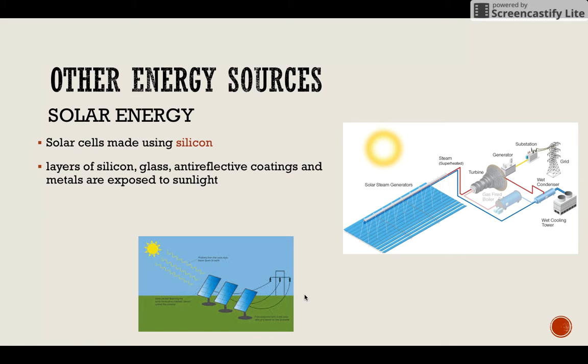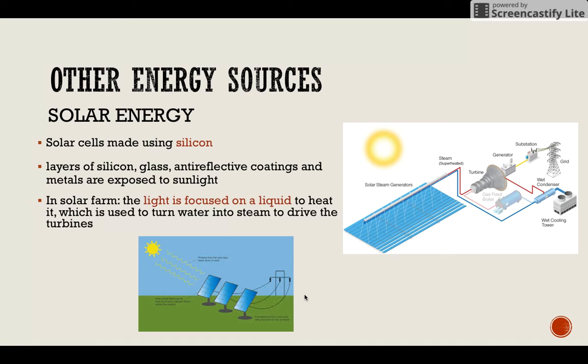And when that sunlight comes through, they actually heat a liquid that's found beneath, and that creates the steam. Okay, so that energy that's taken from the sun to heat these panels is going to heat the water underneath, because it's going to get so hot, and that is going to in turn turn into steam, and it's going to drive the turbines. So take a look at my image right here.